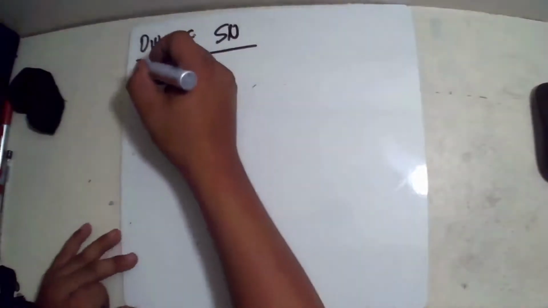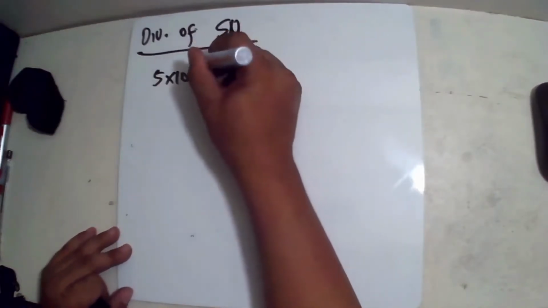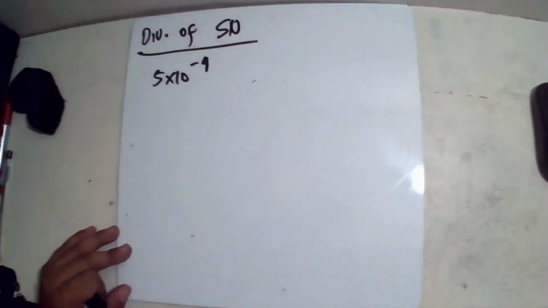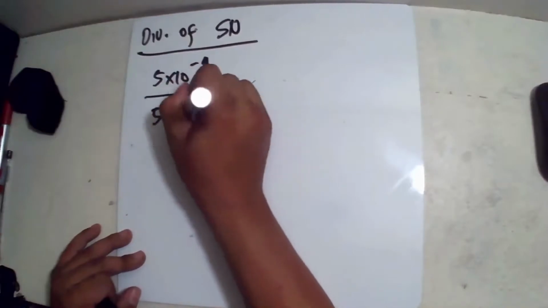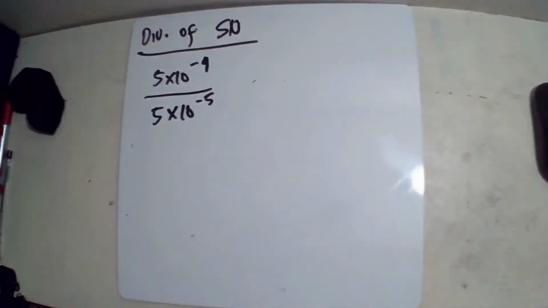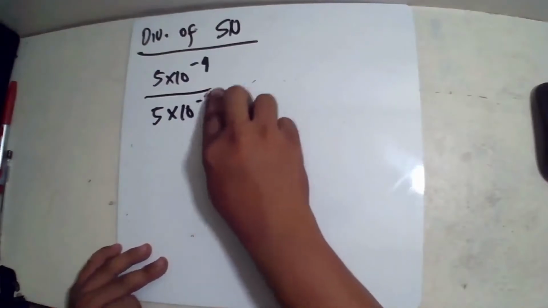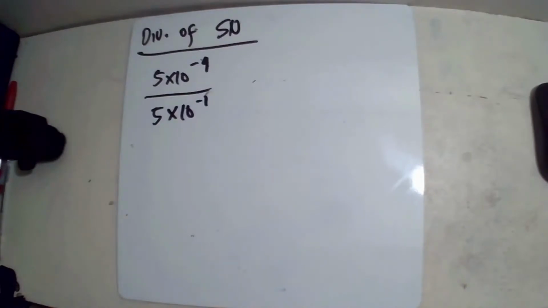For example, we have 5 times 10 raised to negative 4 divided by 5 times 10 raised to negative 1.